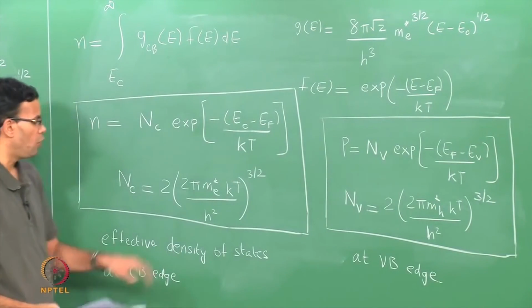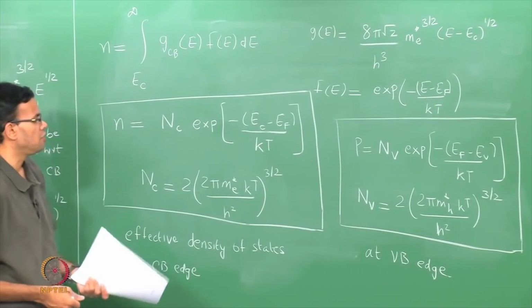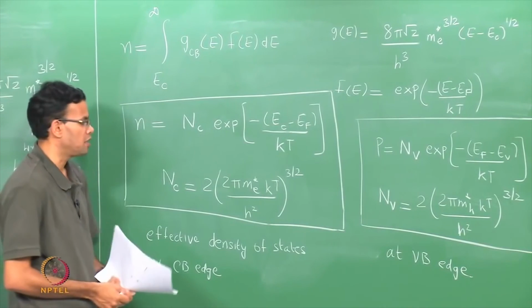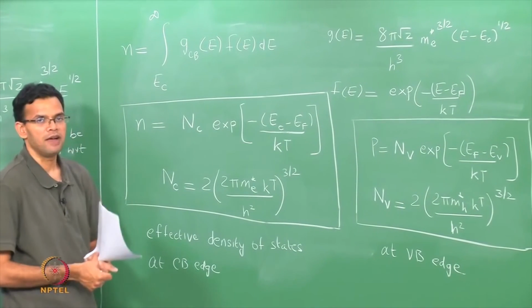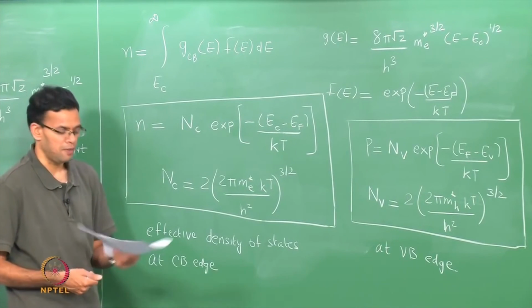These expressions give you the concentration of electrons in the conduction band and holes in the valence band for a given semiconductor as a function of temperature.